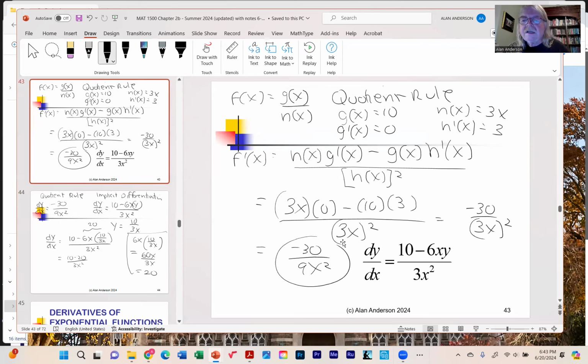Oh, you know what I just realized? I think I copied something wrong here. No, you know what I did? I didn't reduce it. For a second there, I was nervous. It just suddenly dawned on me that this is equal to minus 10 over 3x squared. I should have reduced it.